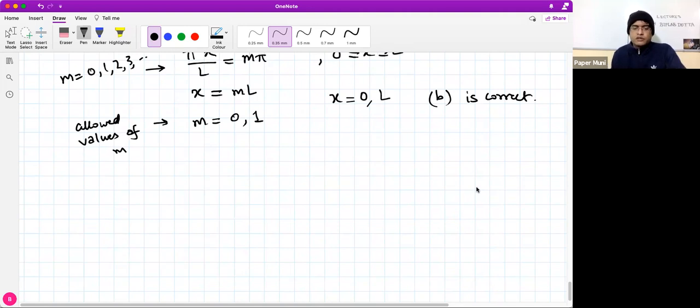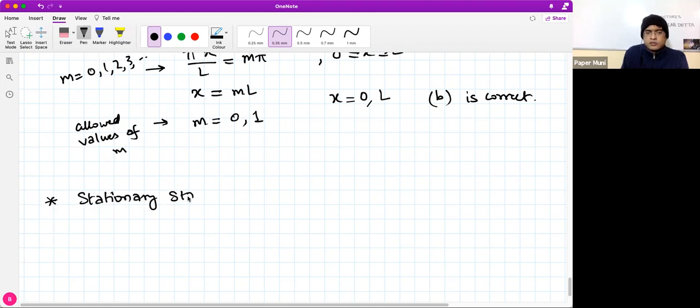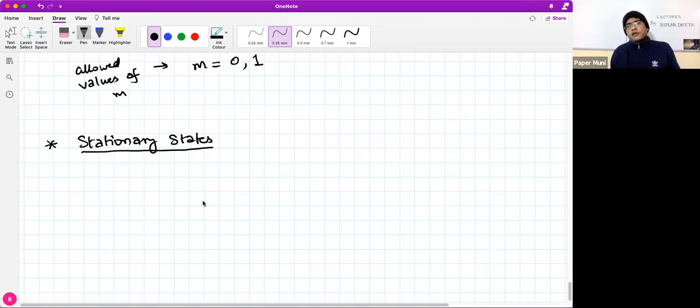Now let's talk about the stationary states. What are stationary states? For time evolution, these are the patterns you get. These are the two. They might try to invent something different, but it will be a mathematical complication rather than a physical one.